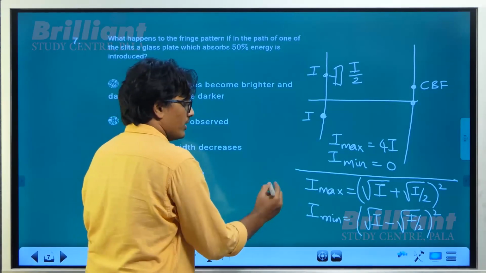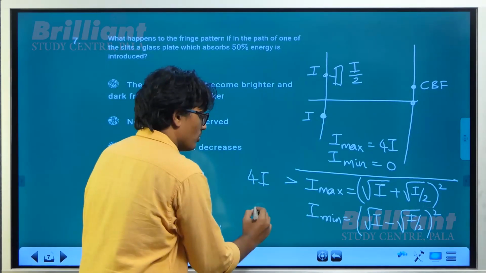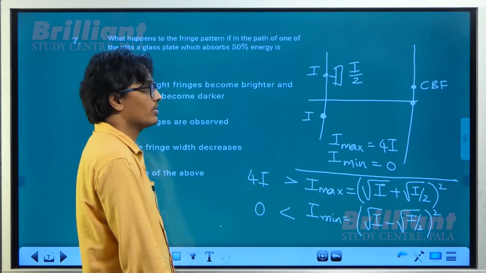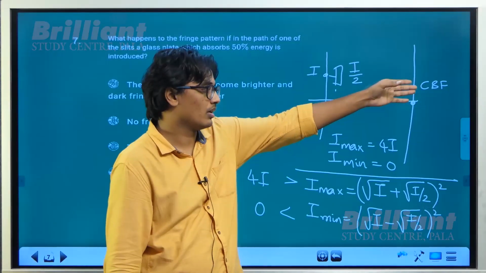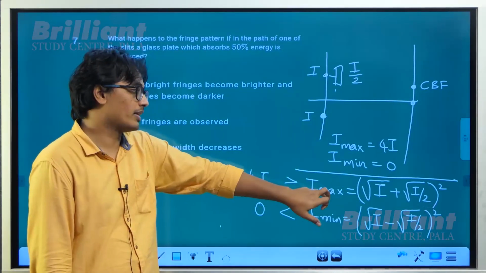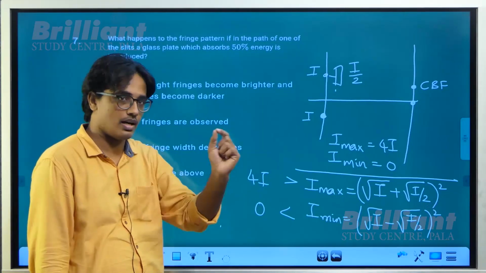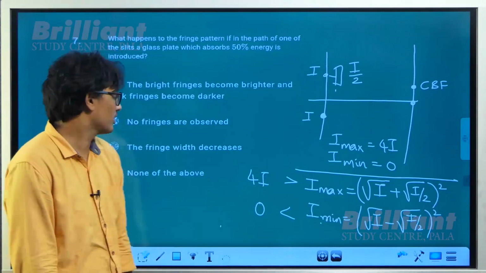This one will be less than 4I, and this one will be more than 0. So what happens is, because of inserting this glass slab, the fringe is shifted and a brighter fringe becomes a little bit darker, and a darker fringe becomes a little bit brighter.